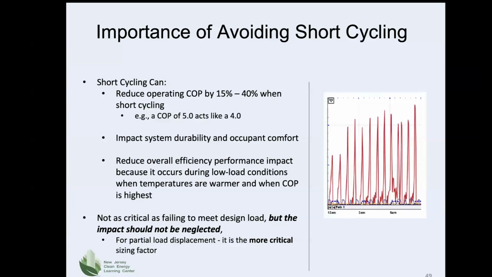Short cycling isn't as critical as failing to meet the design load, but the impact is important and it shouldn't be neglected. For partial load displacement, that is where you're using a heat pump with some sort of other backup or supplemental system, it is a more critical factor in sizing the unit.